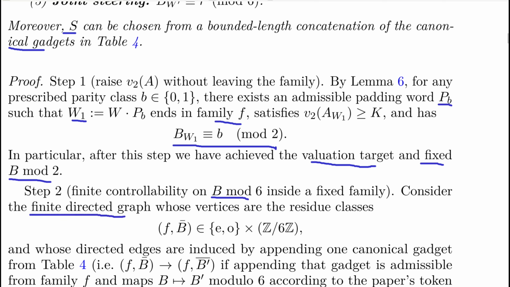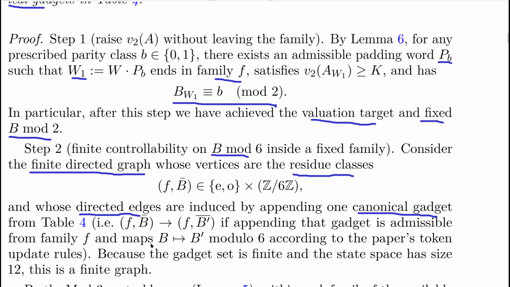Consider the finite directed graph whose vertices are the residue classes (F, B bar), where F is either E or O, crossed with the integers mod 6, and whose directed edges are induced by appending one canonical gadget from Table 4, i.e. (F, B) to (F, B prime bar), if appending that gadget is admissible from family F, and maps B to B prime modulo 6 according to the paper's token update rules.